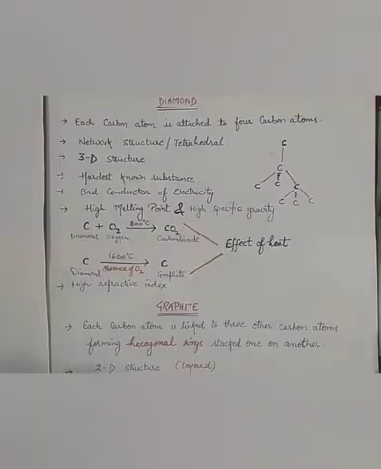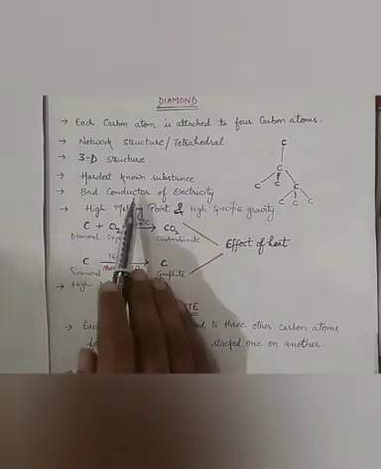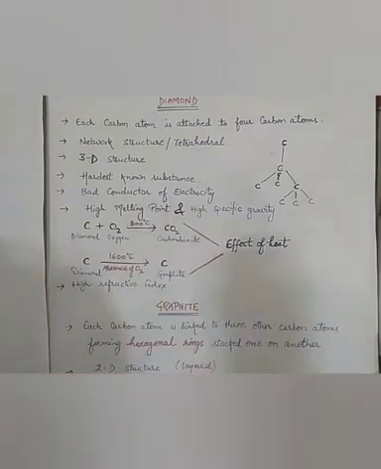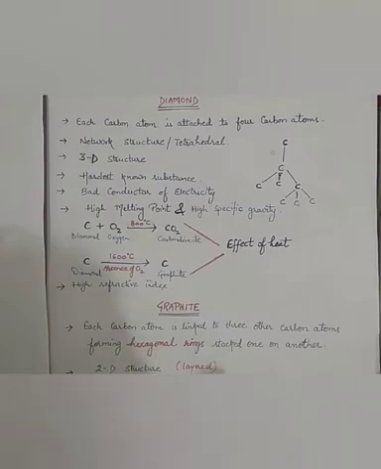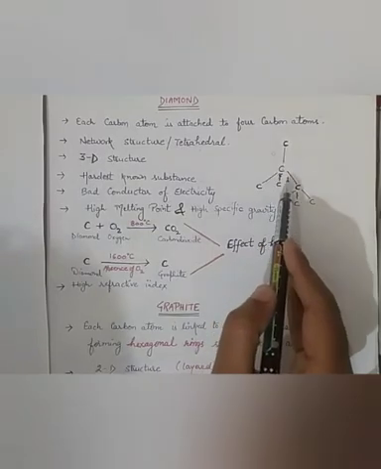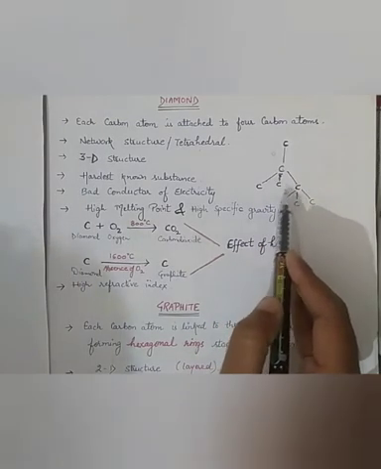One more point is that diamond is a bad conductor of electricity. Diamond is a non-conductor of electricity. As I have told you, carbon has 4 valence electrons. In diamond, all 4 valence electrons are used up in the formation of bonds.